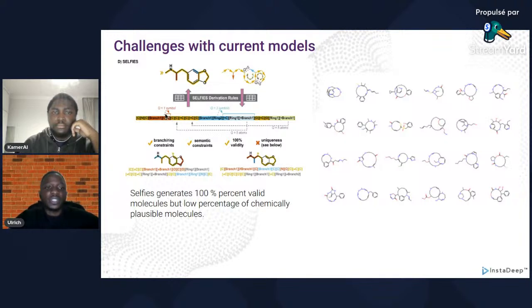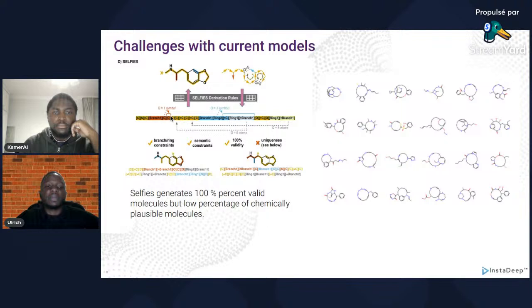So the SELFIES notation tried to solve that by giving multiple meanings to different tokens in the representation. And they came up with a new set of rules. In this case, the advantage with the SELFIES notation is that you can take random tokens and that will give you a syntactically valid molecule.